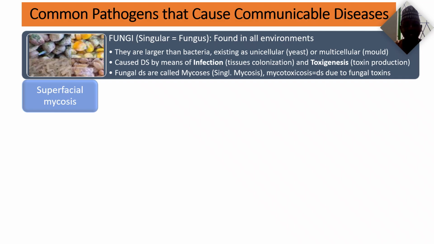Fungal diseases, in general terms, are called mycosis, singular mycosis, while the diseases as a result of the fungal toxins are called mycotoxicosis. Fungal diseases are generally categorized based on the site of the body they affect. However, the most common ones affect the skin.